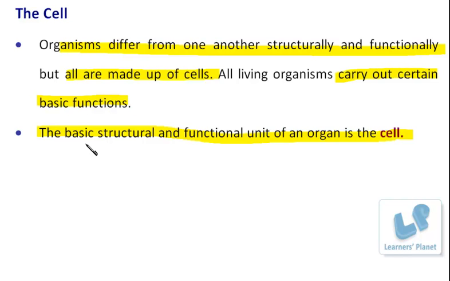The air goes inside, right? And then what happens out of that? Oxygen diffuses into the blood, and then it is transported to different cells. This happens in our body, isn't it? And after reaching the target cell, what happens over there? This oxygen is used to oxidize the glucose.